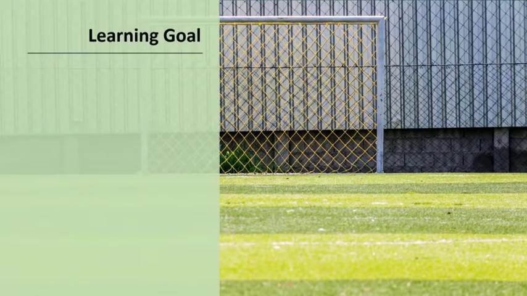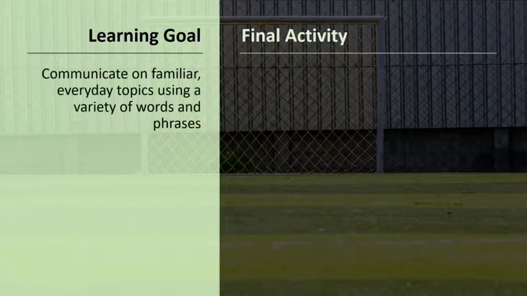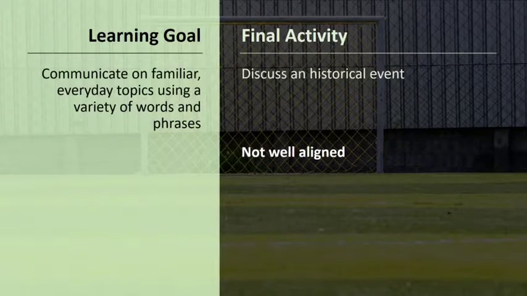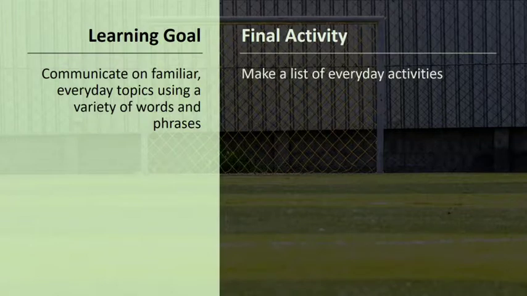For example, imagine that the lesson goal is that students can communicate on familiar everyday topics using a variety of words and phrases. Asking students to communicate about historical events would not be well aligned with the goal because the content is different. Asking students to make a list of everyday activities might be similar to the content of the goal, but stop short of asking students to actually communicate using a variety of words and phrases.